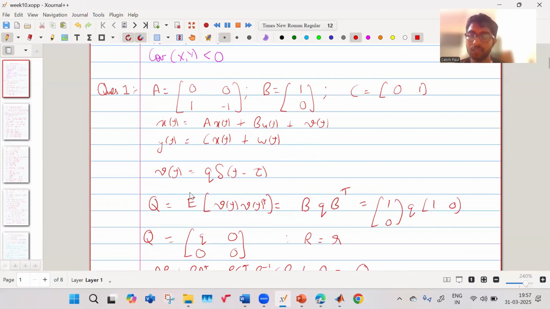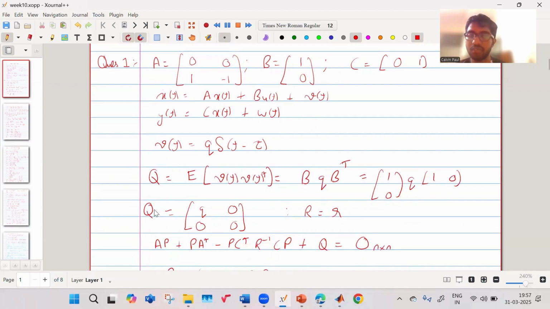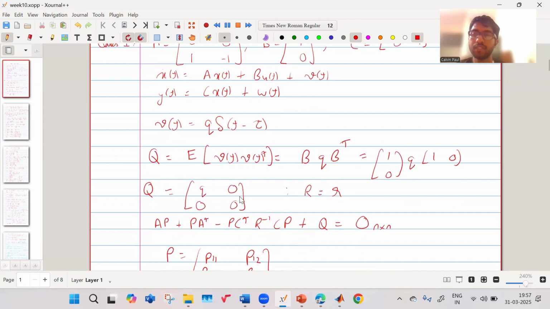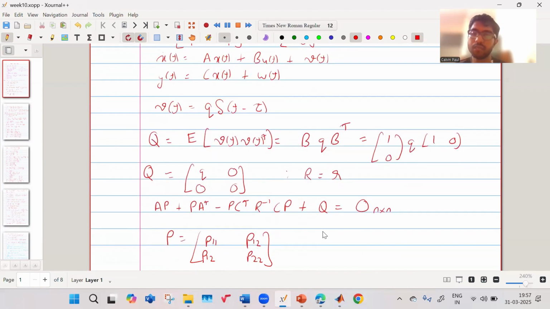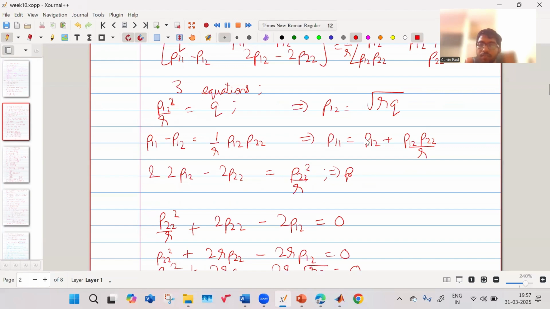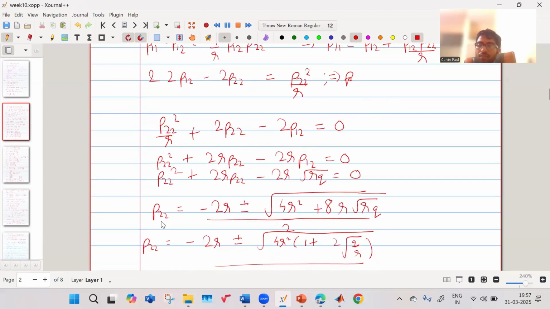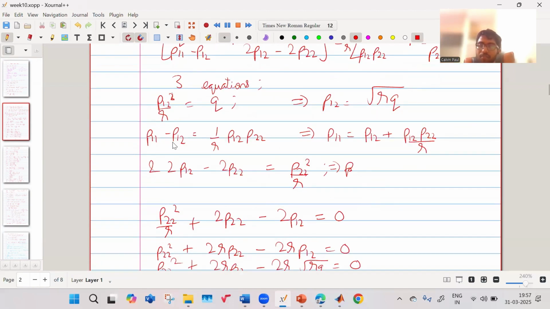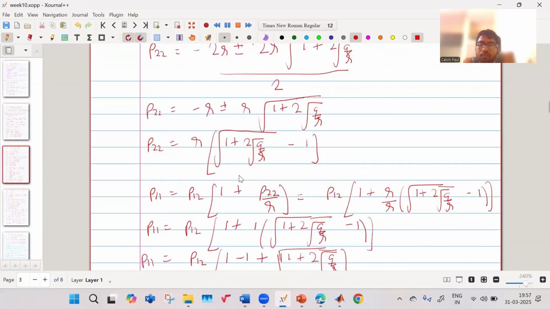By the noise, we got the Q matrix, the R matrix, etc. Then we solved the algebraic matrix Riccati equation. Once we solved it, we got three equations, and then we found the solution of each, P11, P12, P22, etc.